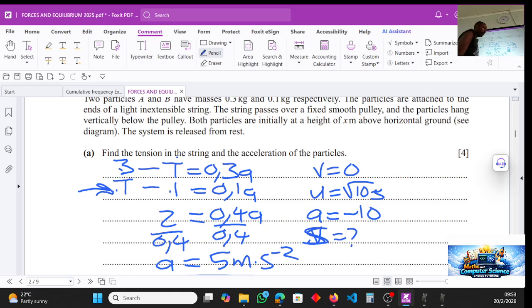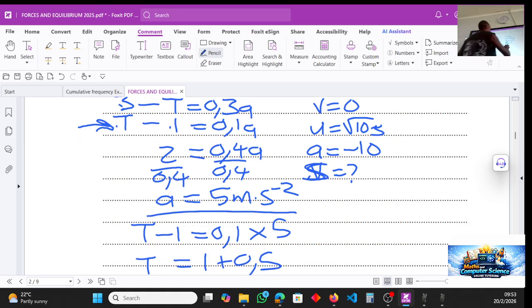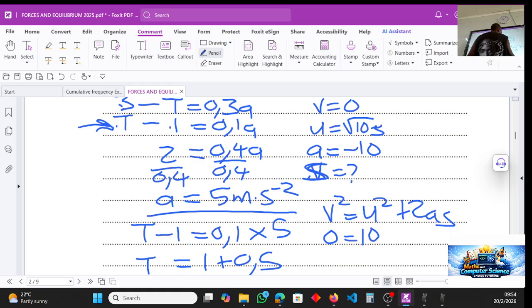So we are going to bring back again the same equation we used, v squared is equal to u squared plus 2as. But v is 0. What about our u? Our u was root 10s, where this x is what we saw on the diagram. So that we multiply by 2a, but a is known, it is negative 10.